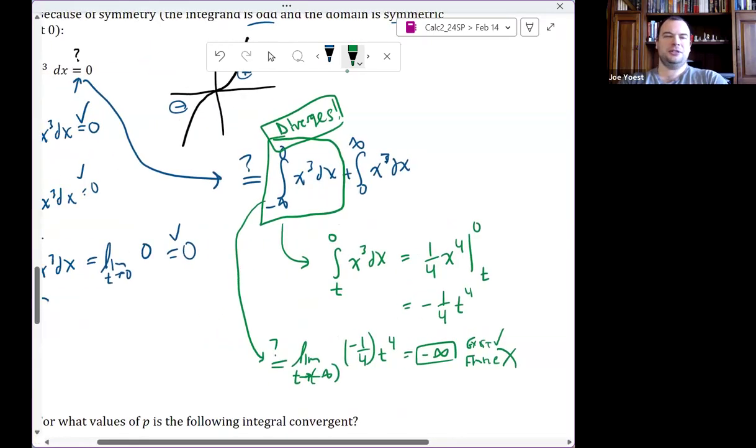Note that if I chose a different breakpoint, 0 or -1 or plus 1,000 or whatever, it doesn't matter. It's going to converge to the same number under any of them, or it's going to diverge under any of them. If I had a different potential breakpoint, 100 or something like that, the interval from 0 to 100 is not an improper integral.